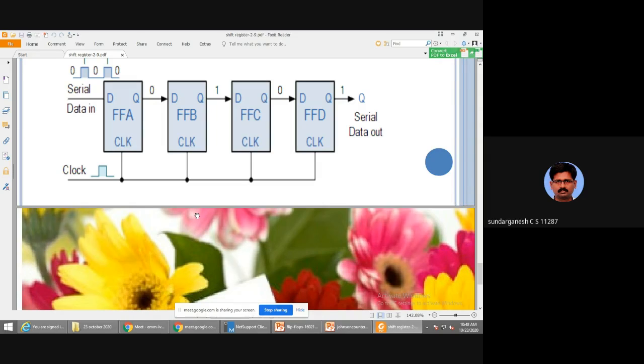In SIPO, for 3-bit data, you require only 3 clock pulses. So these two are serial input. Another one is PISO and PIPO.